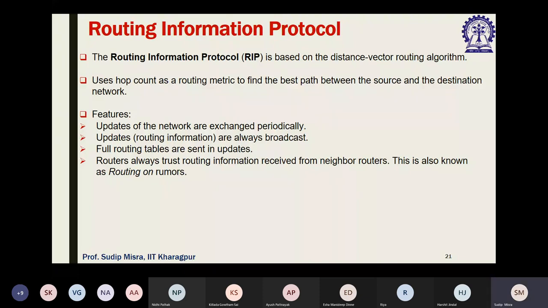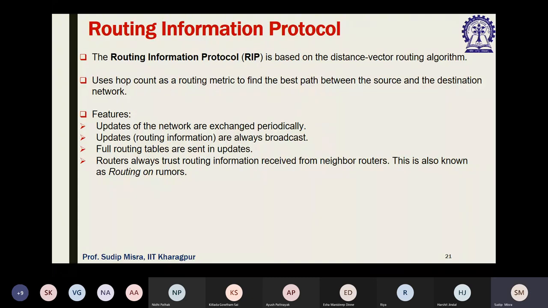So what are these specialties? It uses the concept of something called the timers. Now there are different types of timers that are used in RIP. The first one is called the update timer or periodic timer.